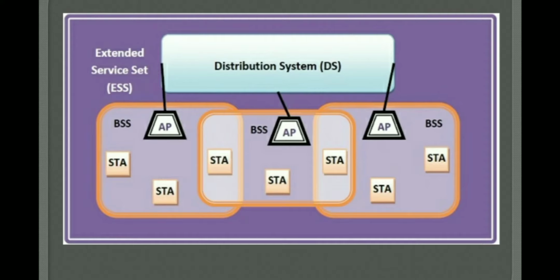So we have the stations. A set of these stations is called your BSS. And a set of these BSS, you can see three BSS here with the access point, AP is the access point, and the set of these BSS is called an extended service set.